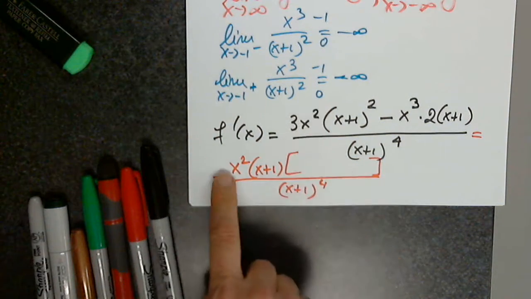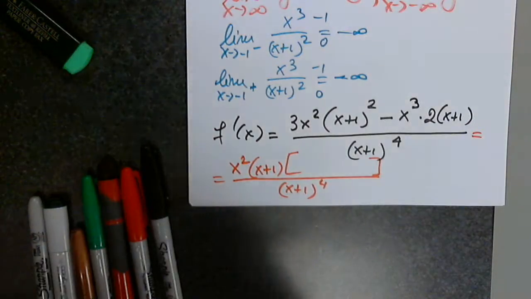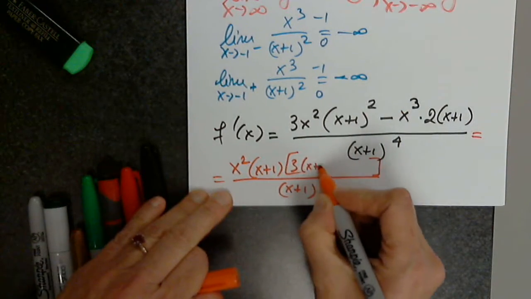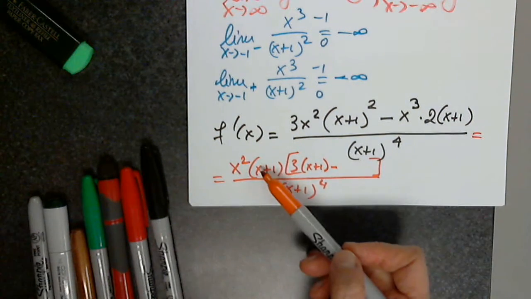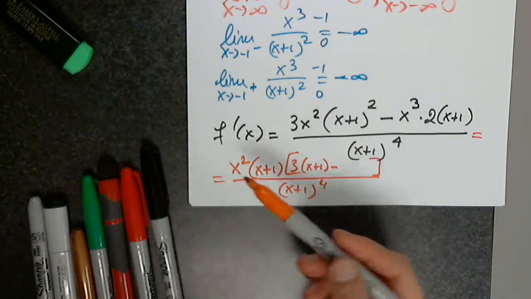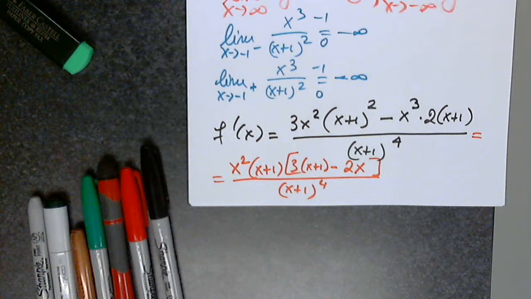From here I have removed an x squared and I removed an x plus 1. So I have 3 times (x plus 1). Do you agree with that? From here I removed the x plus 1. I removed 2 of those, so I still have negative 2x. Any questions?